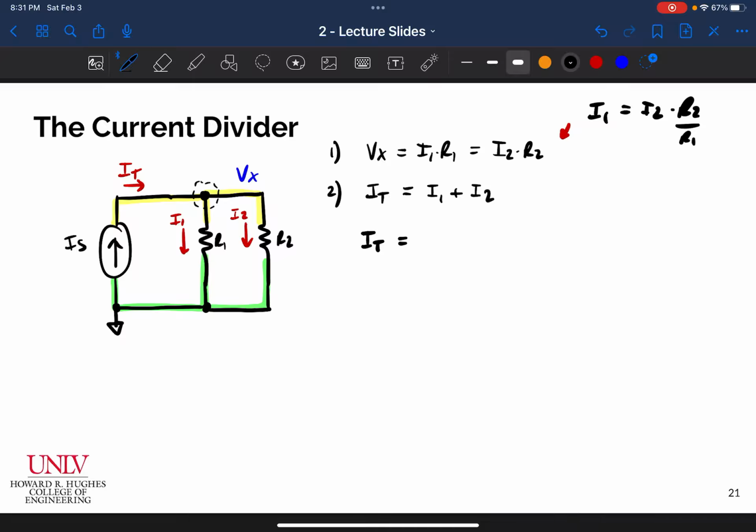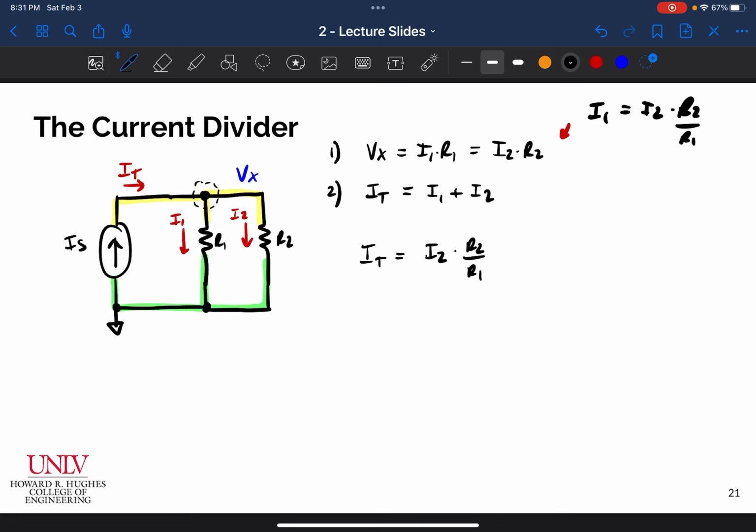I can say I2 times R2 over R1. Oh, I accidentally selected the thicker marker. I was wondering why it looks so thick. Let me just undo some of this. So IT is, now I'm plugging in for I1, it's going to be I2 times R2 over R1.